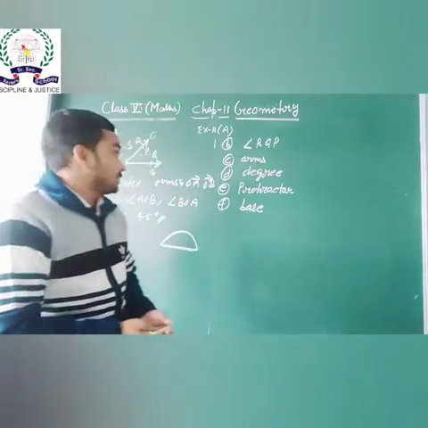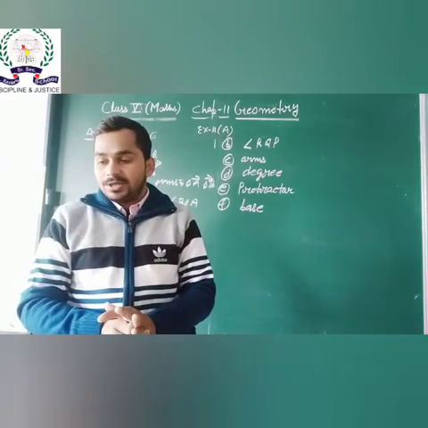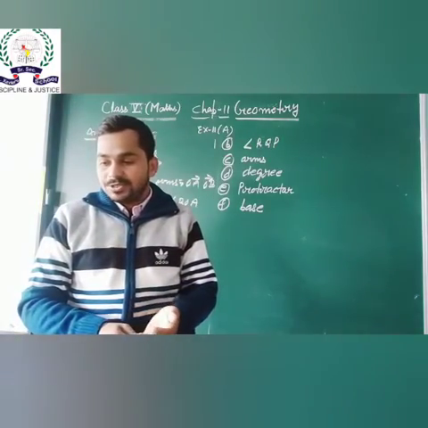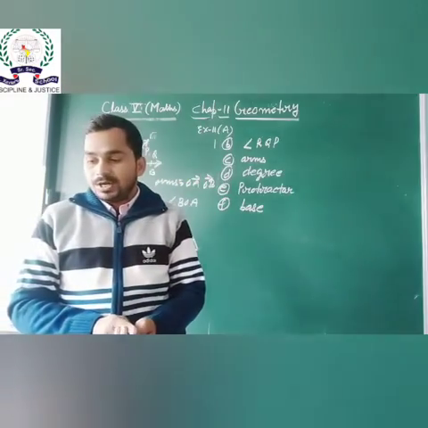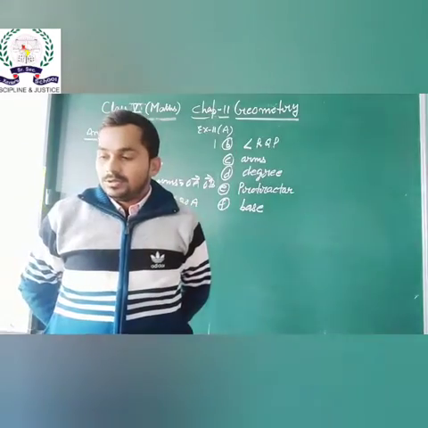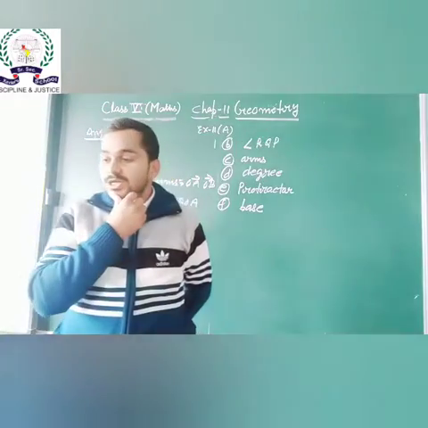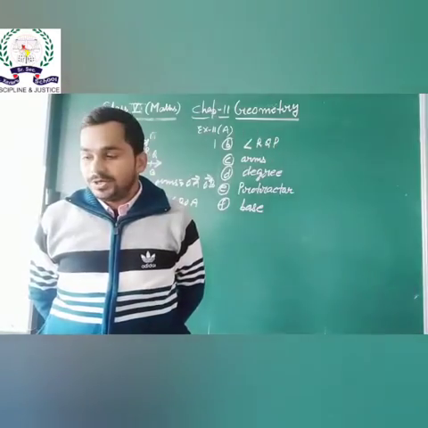Now we discuss classification of angles on the basis of degree measure. First is the acute angle. When an angle is less than 90 but more than 0, it is called an acute angle. A right angle measures 90 degree. An obtuse angle is more than 90 but less than 180.